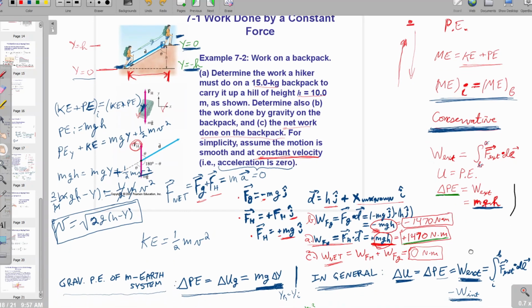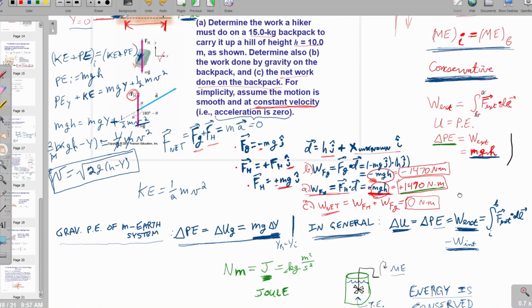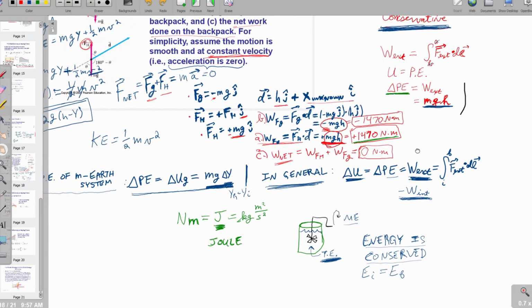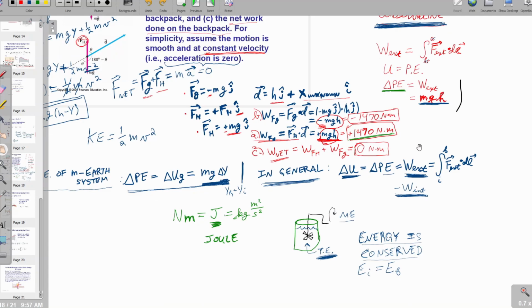Let's talk about one final thing before I move on. We'll talk about units and the experiment that brought about this unit being named after this guy. So the units of work is newtons times meters.